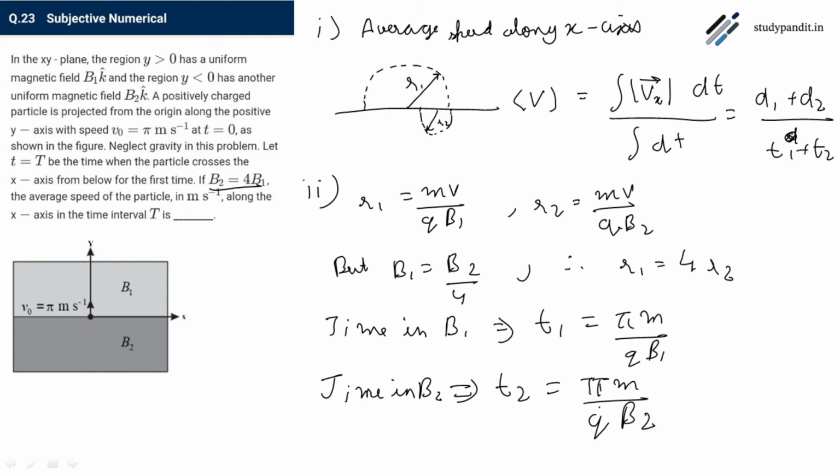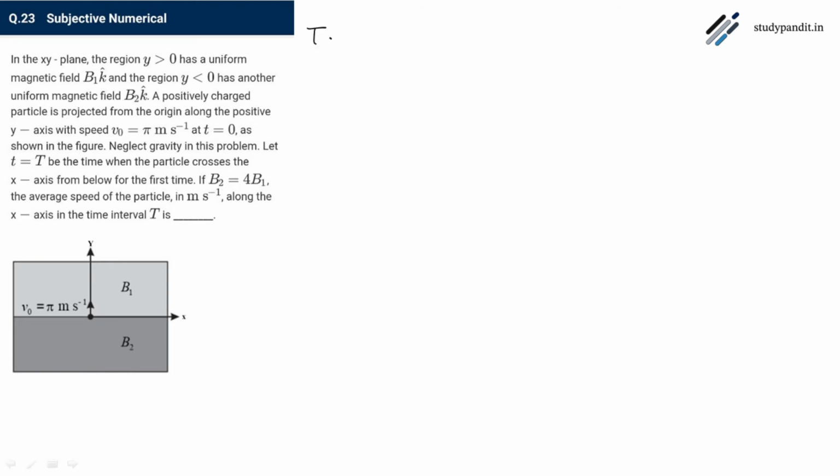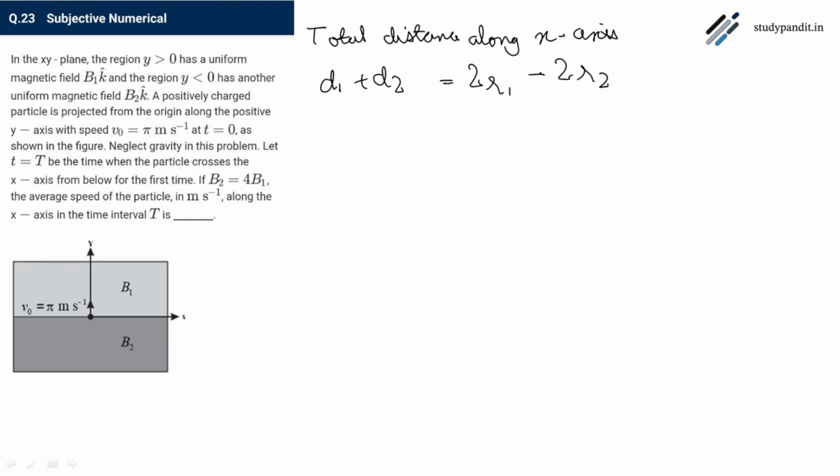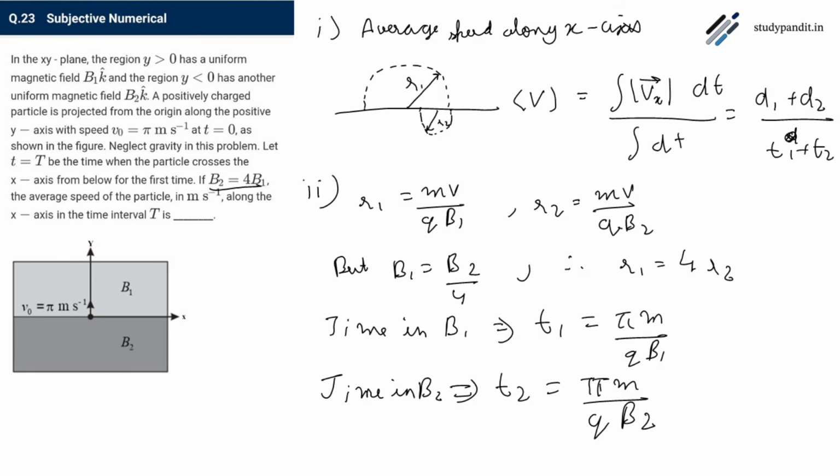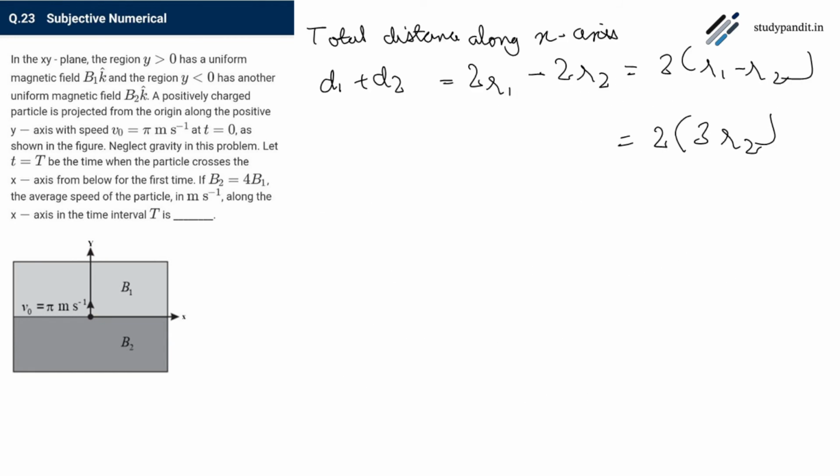So moving forward, total distance along the x-axis d1 plus d2 equals 2R1 minus 2R2 equals 2 times (R1 minus R2) equals 2 times 3R2, as we converted from here, we got this formula R1 equals 4R2 and we put it here.